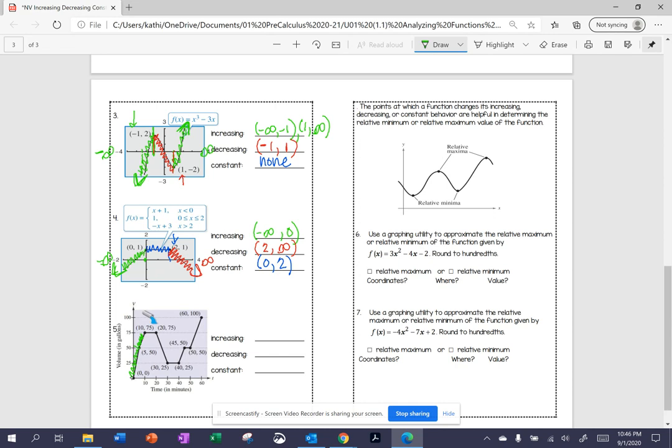So my x value that I'm starting at here is 0. I have a filled in circle, so I can include that, so it's a bracket. And then I'm ending at 10. I can't be constant and increasing, so I'm not going to include 10.